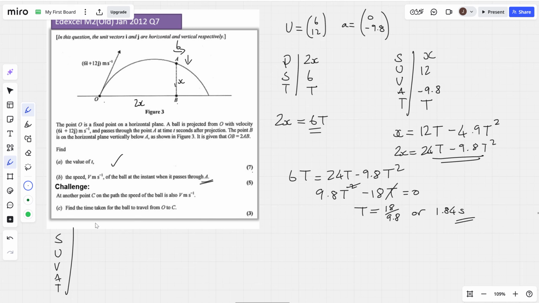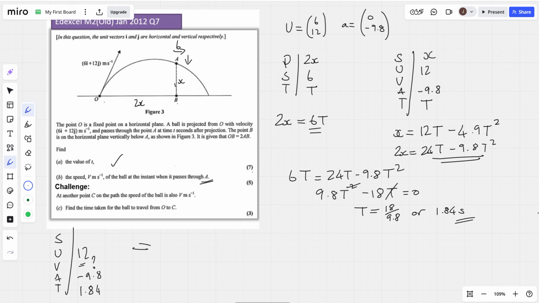I'll put the 12 and the minus 9.8 in first, and I'll use the t value, I think, because there's no need for me to find s, I don't think. So I'm going to use 1.84 there, and then I'm going to find v, and I'm expecting v to be a negative number because it looks as though it's going down.